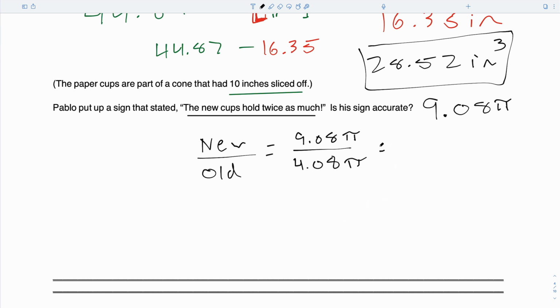Emma. Divide 9.08 by 4.08. I got 2.2 and then it keeps going. So if he says the new cup holds twice as much, is that an accurate sign? Turn and talk to your partner. Does it hold twice as much?